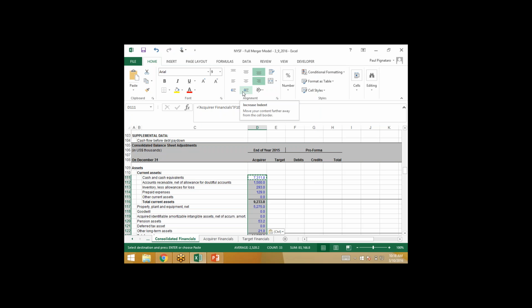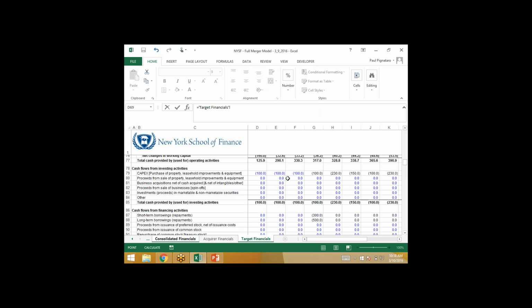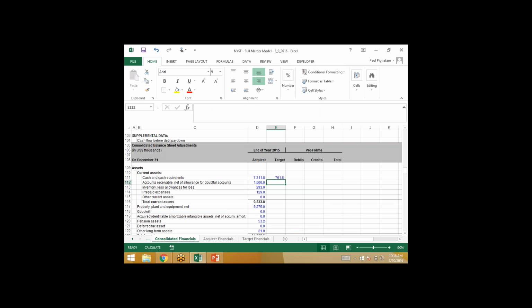Yeah, and you can do it again for the target company. Where I'll do it again. Equals target financials, cash, 2015 cash. I'm going to copy this formula.